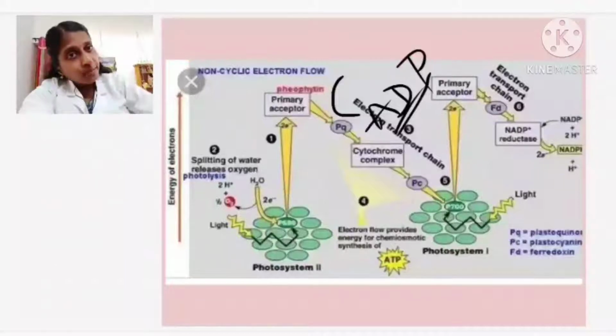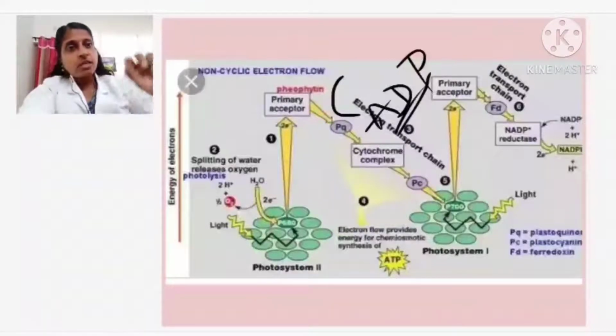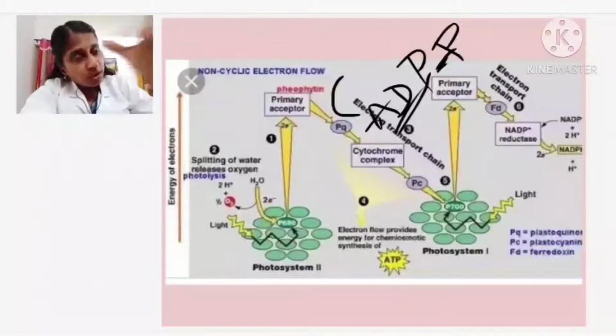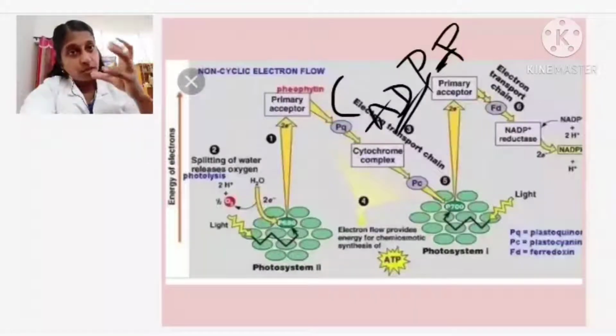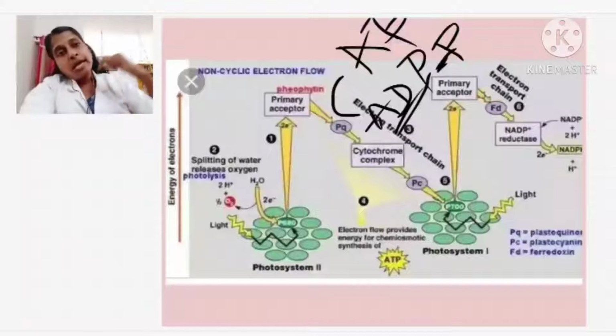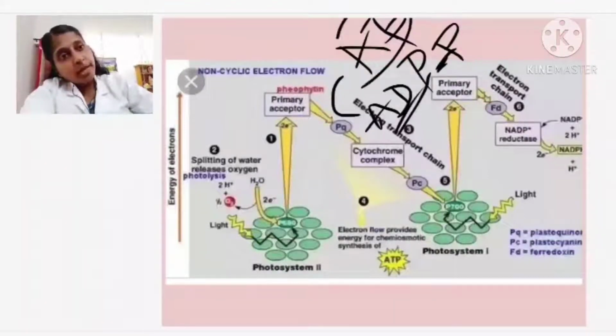Who is using that energy? ADP. What is ADP? Adenosine diphosphate is taking the energy and combining with phosphate by forming a bond. A high energy rich bond is formed, and they are getting converted into what? They are getting converted into ATP. So ADP is converted into ATP.